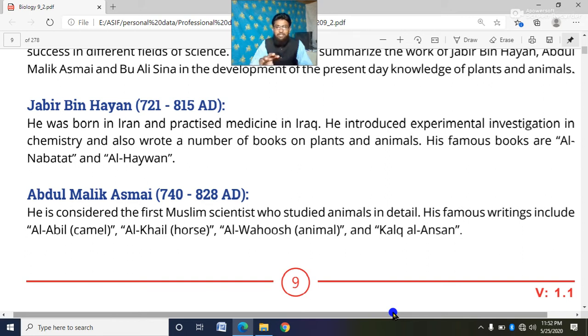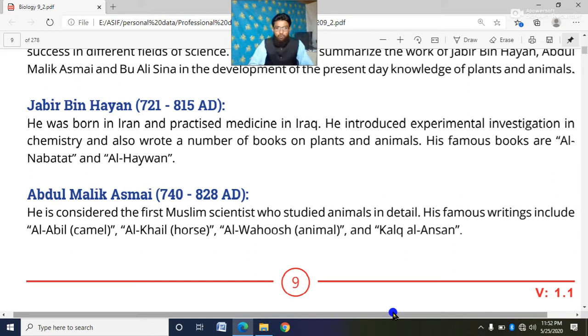Previous knowledge was not in as much detail as what Abdul Malik Asmai studied.